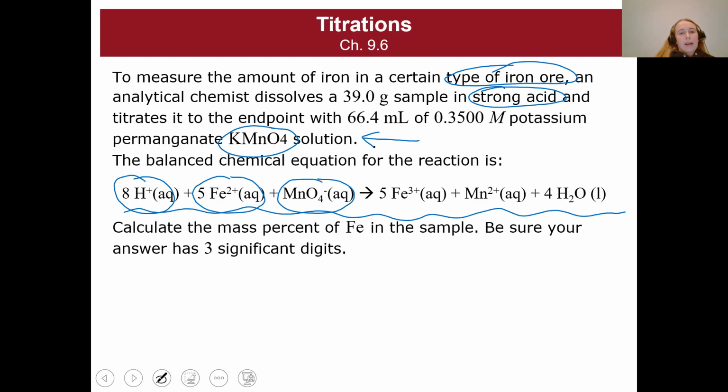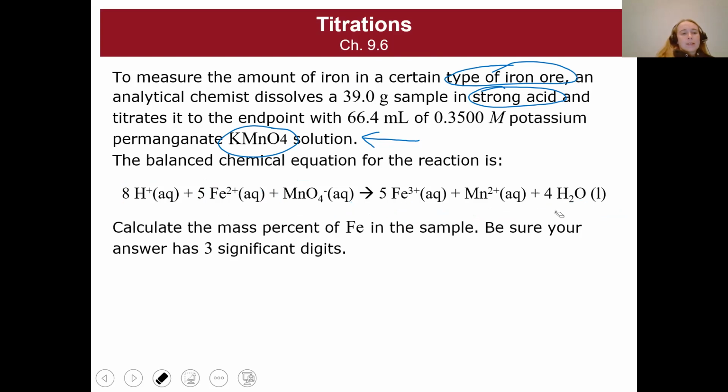So when they react, they produce these things. They gave us the balanced equation, so we don't have to worry about balancing the equation. We can skip that step. So what kind of reaction is this, guys? You should be able to identify what kind of reaction this is pretty quickly.